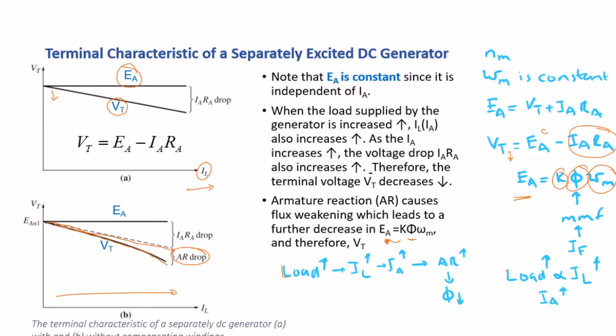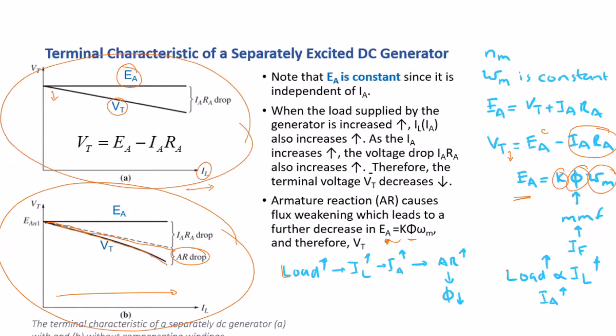Okay, so this is the terminal characteristic of the DC generator when armature reaction is present. If the armature reaction is not there, then we have the first plot as the terminal characteristic of this separately excited DC generator.